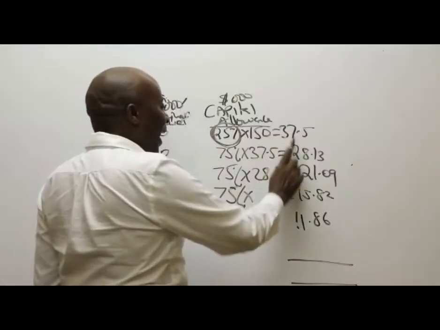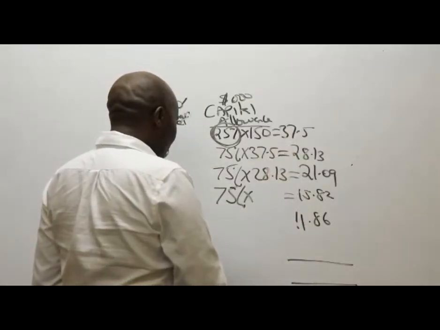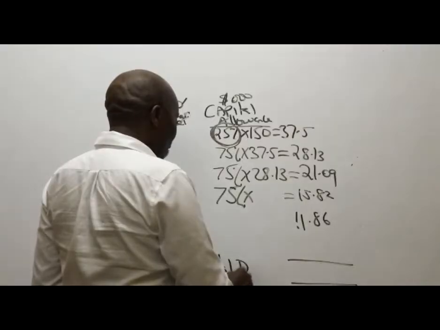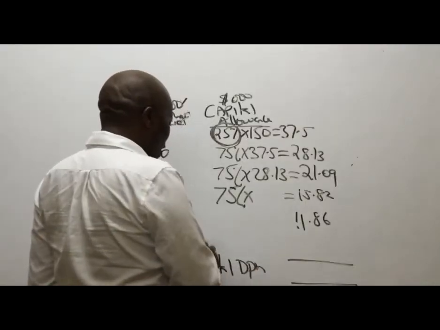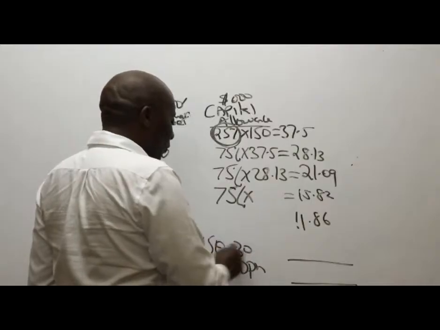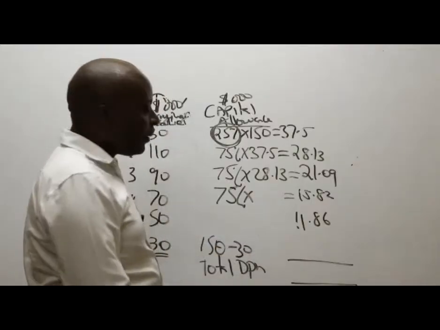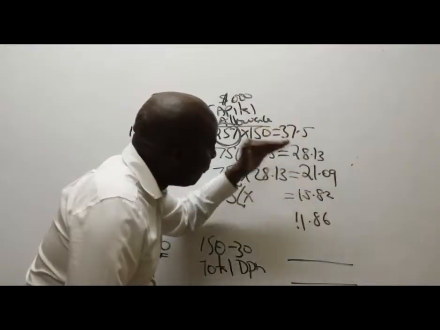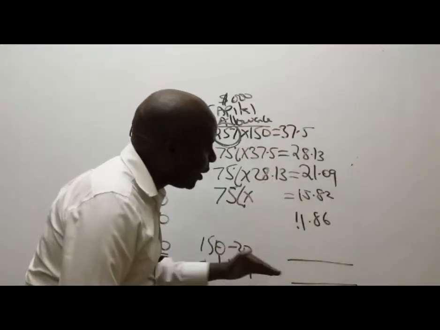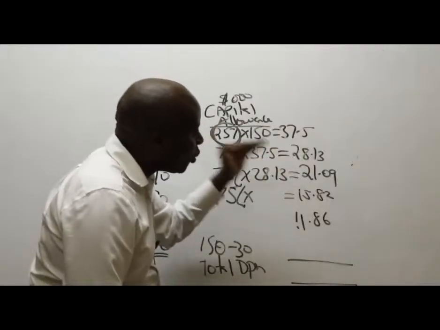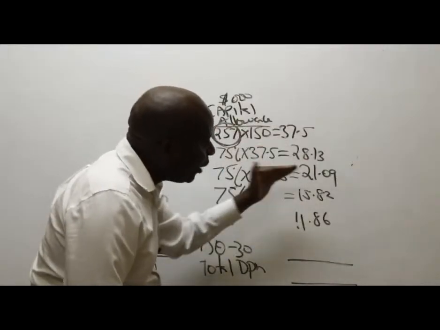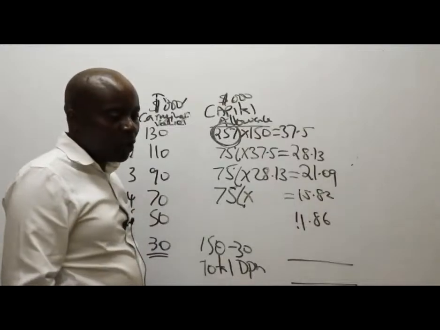I know that when I add this, I'll be able to get total depreciation. And the total depreciation here is how much? It is 150 minus the scrap value. Remember, these are depreciations for each year. So whenever I add all of them, then they should total up to the total value lost.